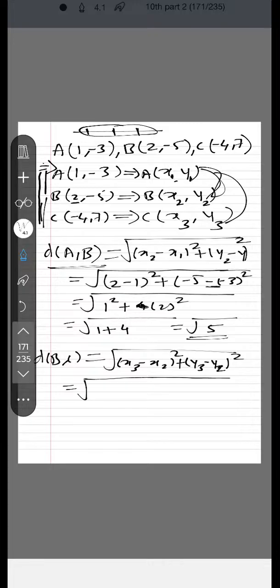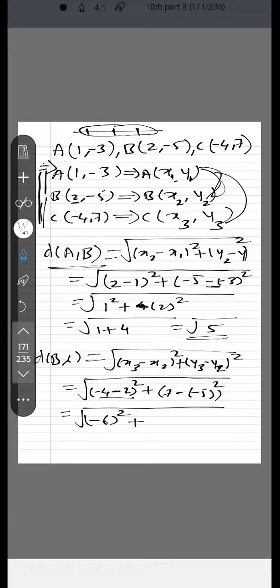What is the x3 value? Minus 4, correct, minus the x2 value, which is 2, square, plus 7 minus of minus 5 square.